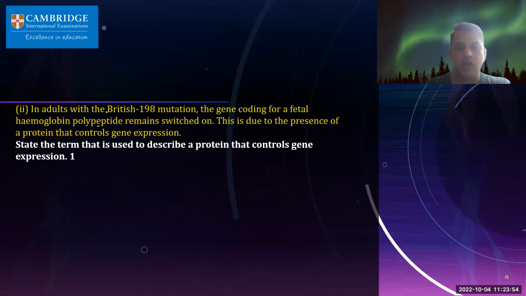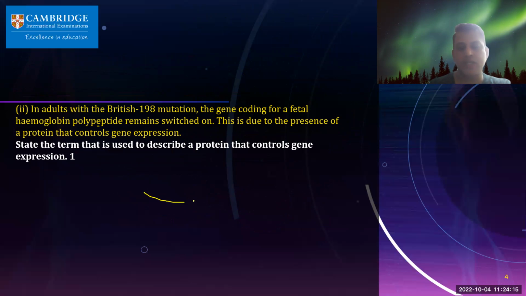In adult with the British 198 mutation, the gene coding for fetal hemoglobin polypeptide remains switched on. This is due to the presence of a protein that controls gene expression. State the term that is used to describe a protein that controls gene expression. Now, what is gene expression?